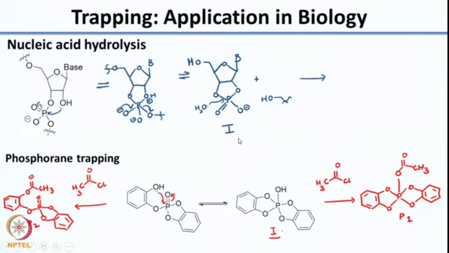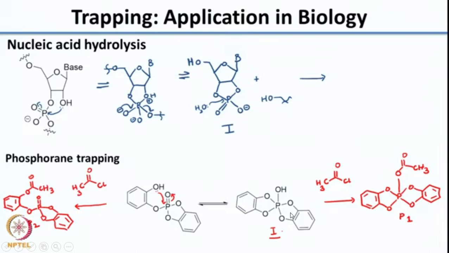What happens in phosphorane trapping? Suppose we have our starting material, and when OH is attacking on phosphorus, this O minus is generated over here, right? Then this O minus is nothing but our intermediate. When O negative is generated over here, it gives an intermediate.